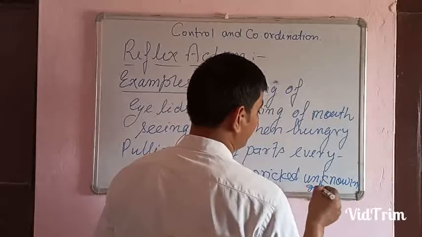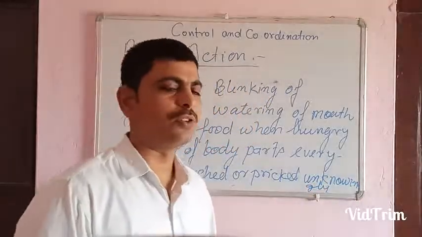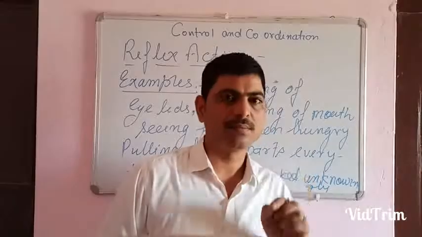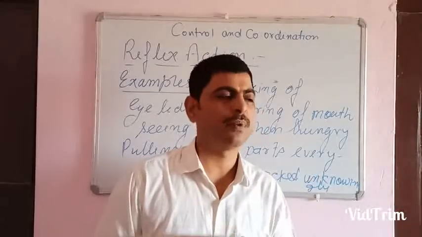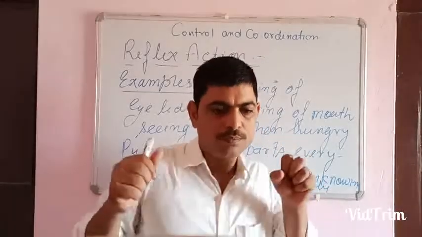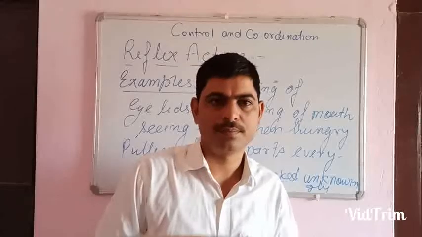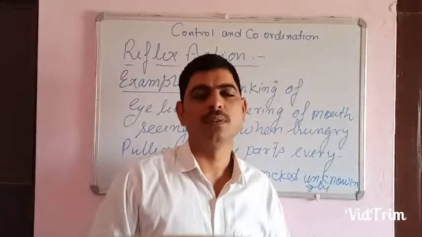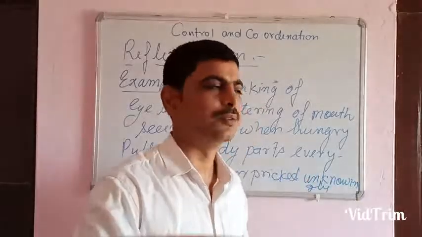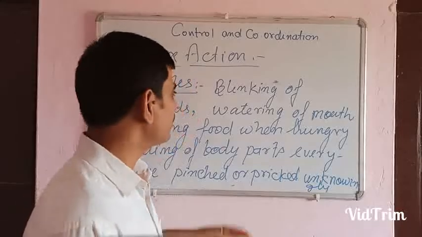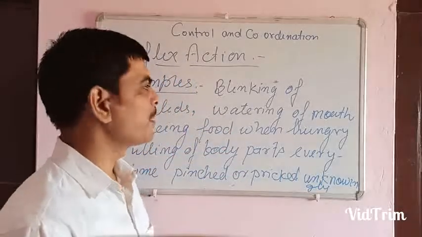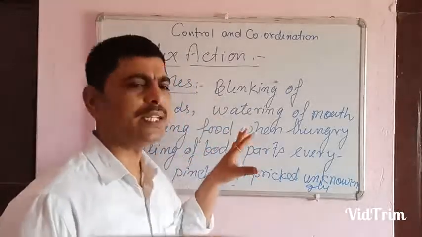If unknowingly someone pricks us with a needle or a thorn, we suddenly pull our hand to protect ourselves. Or someone pinches. There are many examples. You have better experience. These are some examples in which reflex action happens.